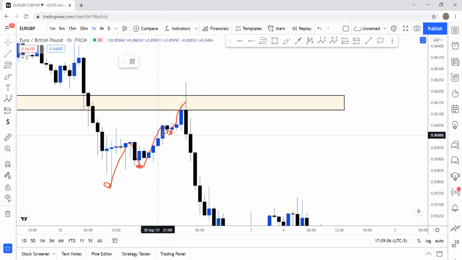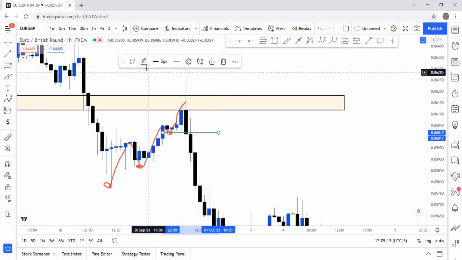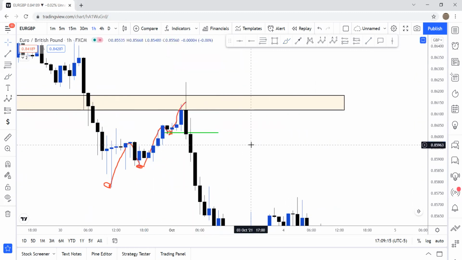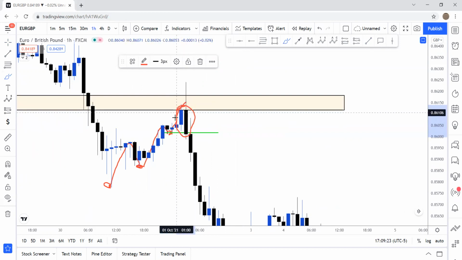let me just make it a little cleaner. If we were to draw a line right there, the black line, I'm actually going to make it a bright green. We can see that there's an engulfing candle. Not only is it bigger than that blue candle right here, but it closed below that green line.